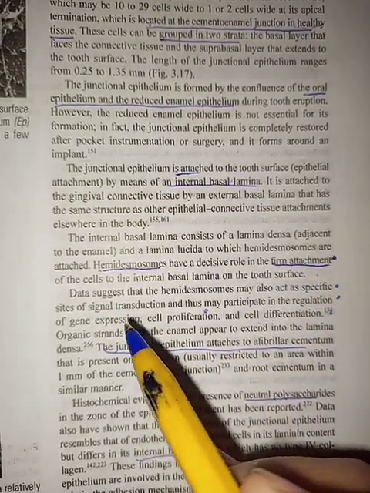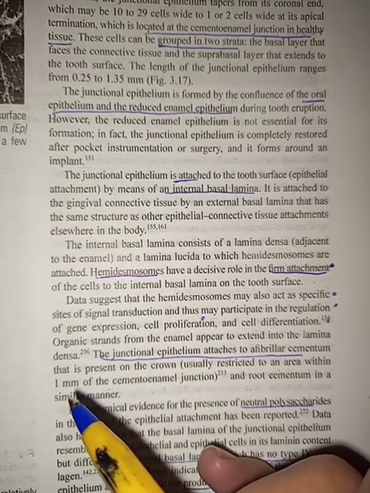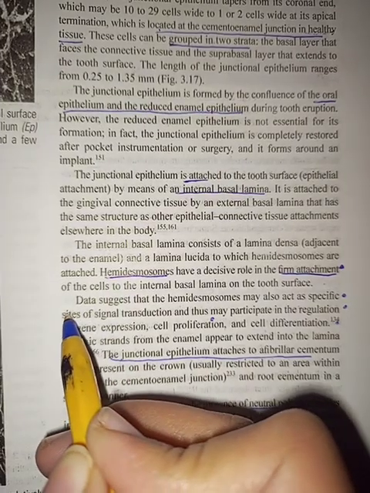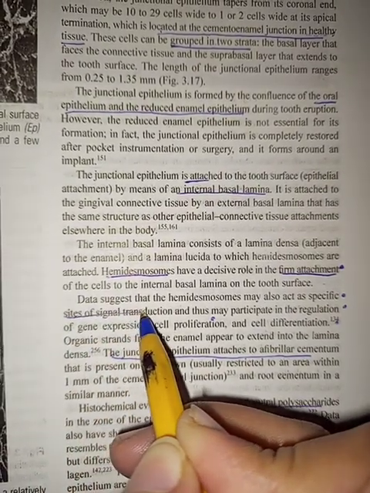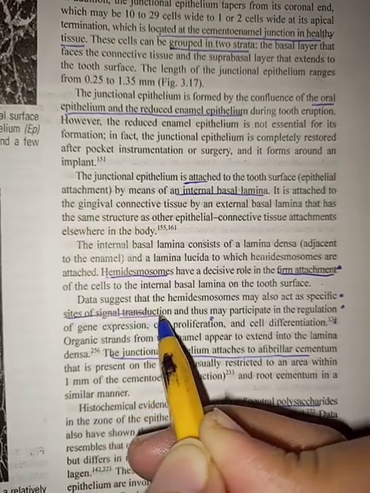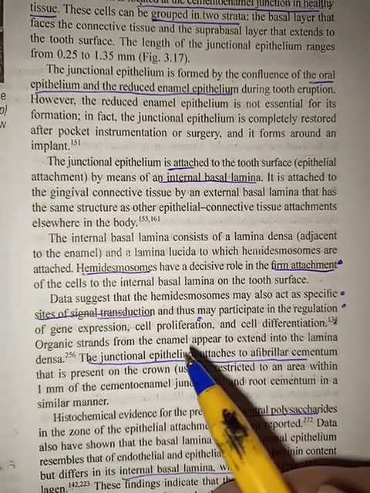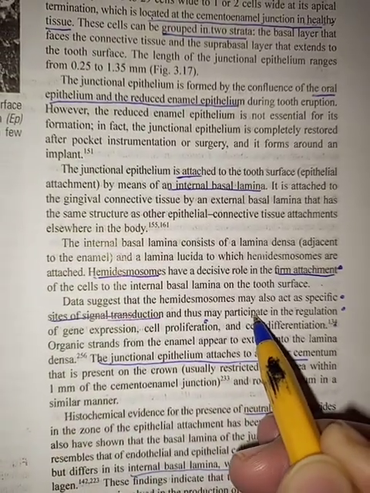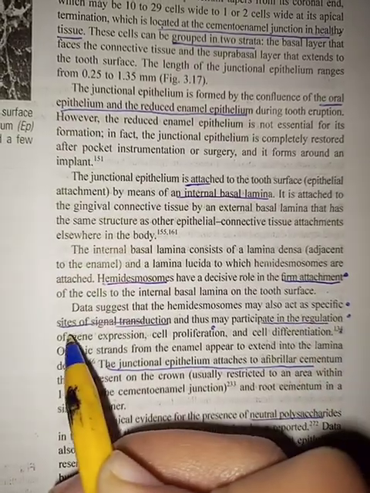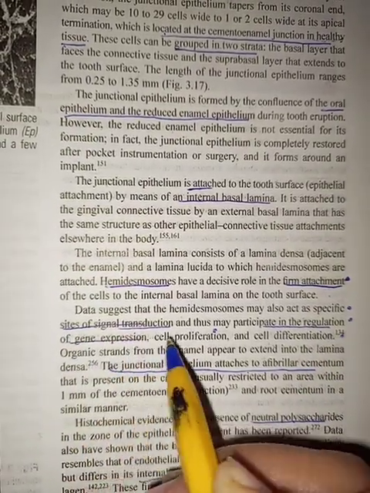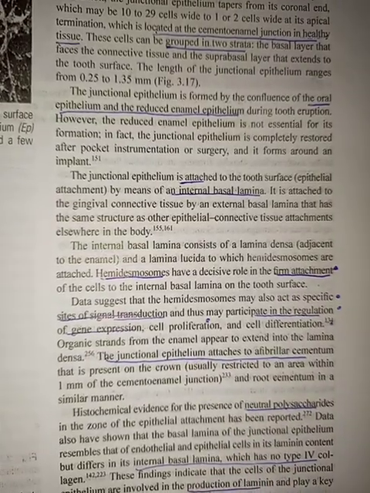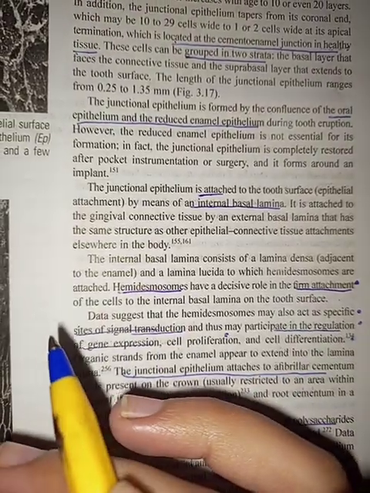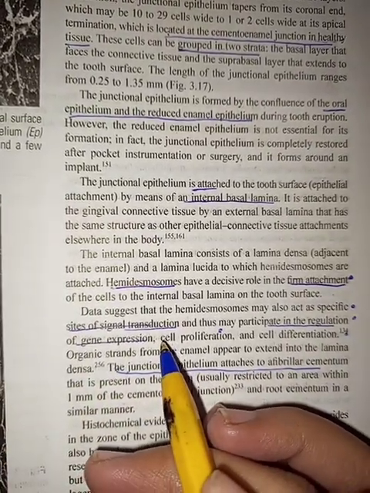Data suggests that hemidesmosomes also have a specific site for signal transduction, and may participate in the regulation of gene expression, cell proliferation, and cell differentiation.